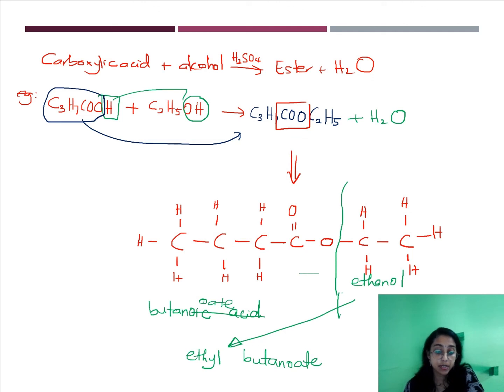If it's ethanol, ethyl; propanol, propyl; butanol becomes butyl. Then the naming will be crossword style: the name of the alcohol becomes the alkyl, and the carboxylic acid goes to the back with OATE. So I hope you understand about esterification. Now let's try questions on esterification.